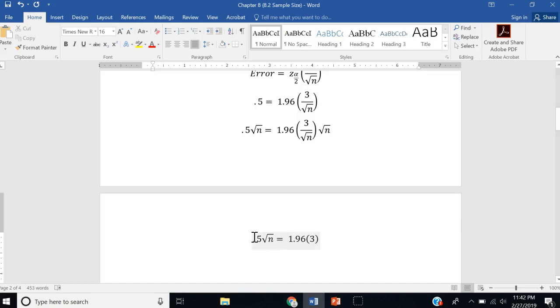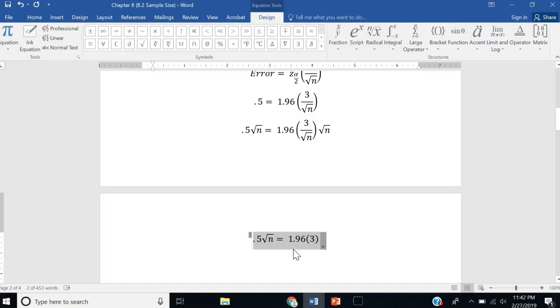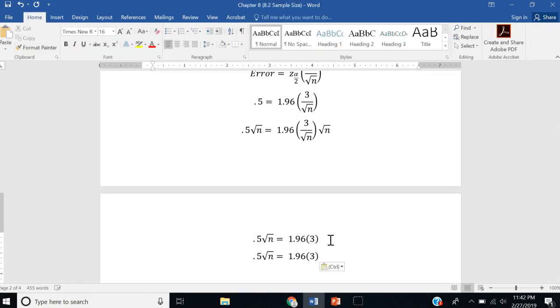All right. Now this is pretty straightforward solving from here. So once you have this equation, all I have to do is now divide both sides by 0.5. If I divide the left-hand side by 0.5, that goes away.